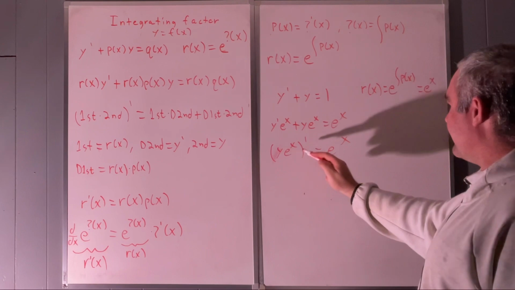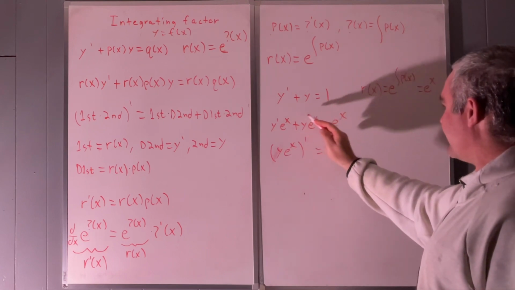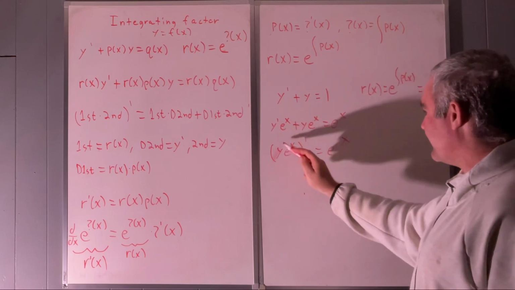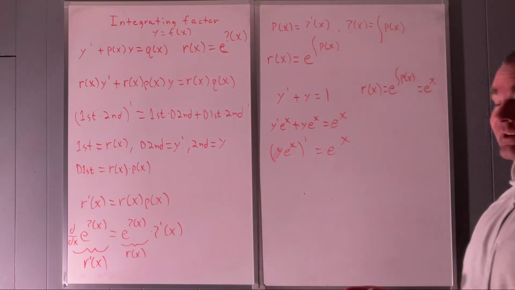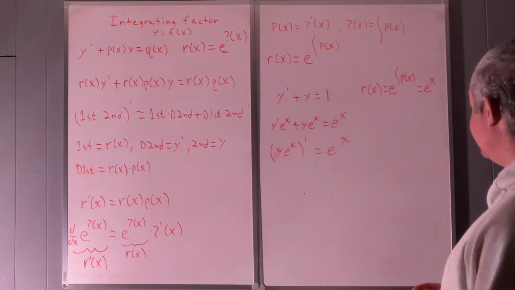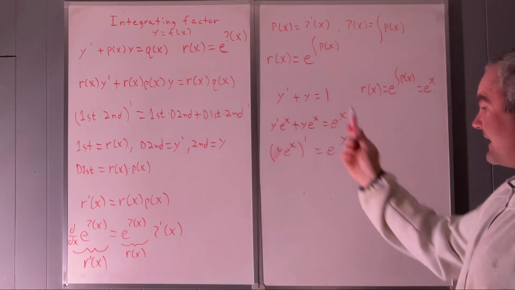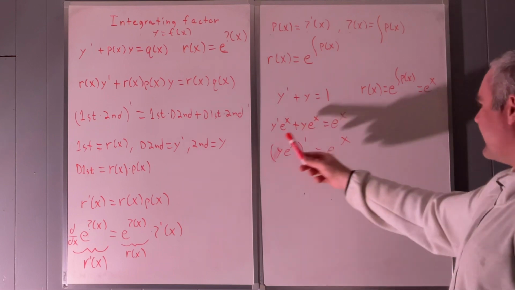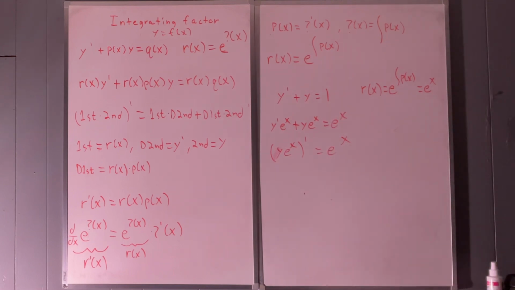First times the derivative of the second. There it is right there. Plus the second times the derivative of the first right there. And it's going to work every time, I promise. And you should see that from the work we've done.